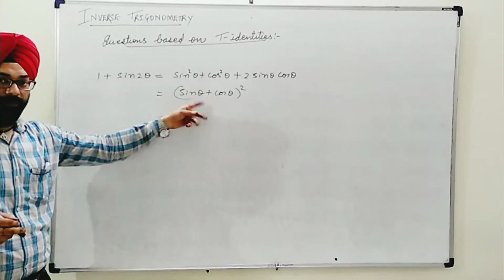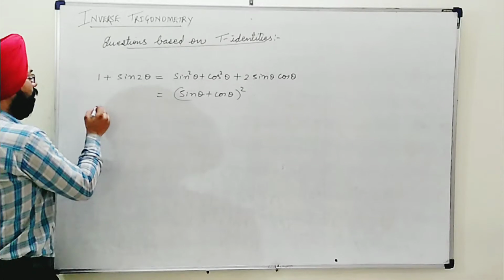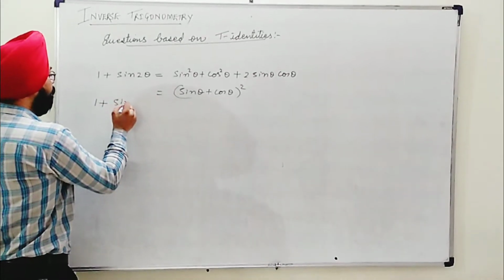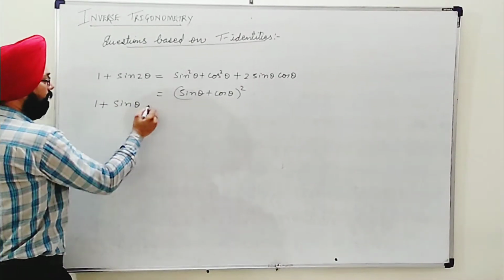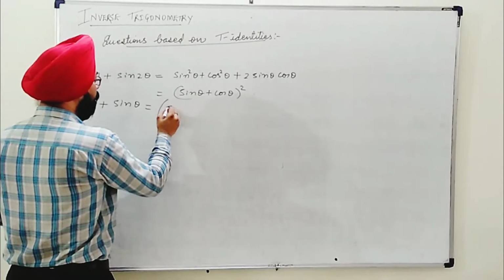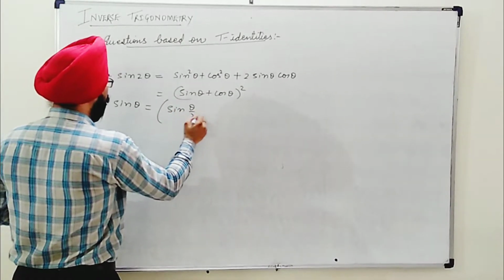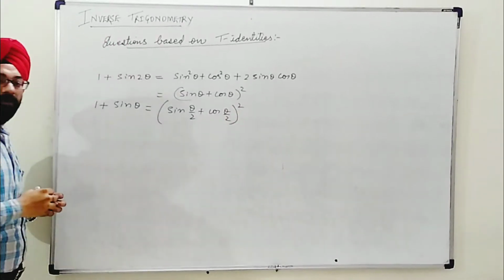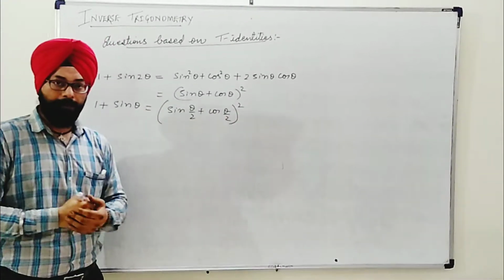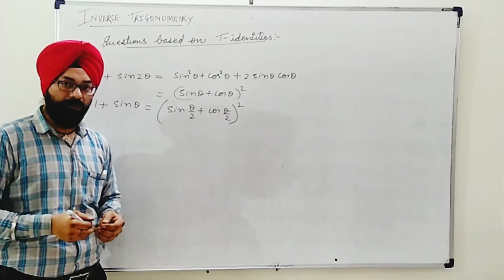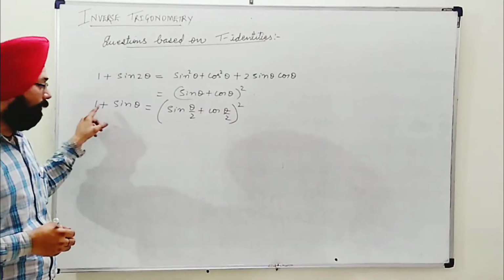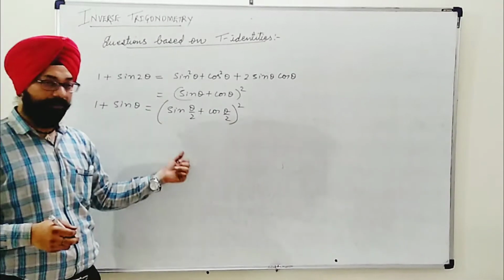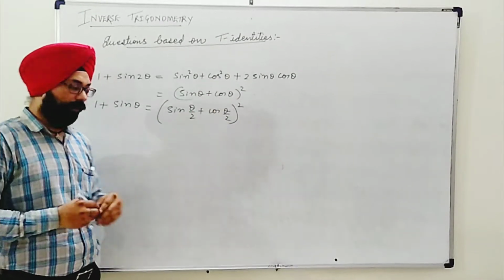Whenever we are given 1 plus sine 2 theta, this can be written as sine theta plus cos theta whole square directly. Not only this, when we are given 1 plus sine theta, here the 2 is absent, so this can be written using the submultiple of the angle, theta by 2: sine theta by 2 plus cos theta by 2, whole square. The pattern remains as it is, only the theta changes. This is the generalization of the identity.